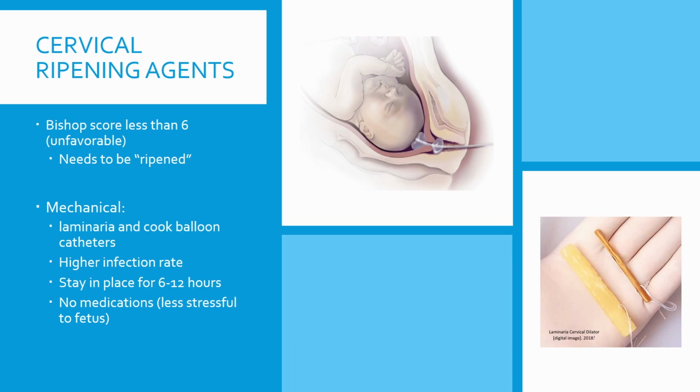It also puts pressure on the cervix to cause it to dilate a little bit. There's a higher infection rate with this because you're leaving something in place, right? A nice mode of transportation for bacteria to get inside a mom. They stay in place for about 6 to 12 hours. But a good thing with these is that there are no medications, meaning that we're not causing contractions, causing a lot of stress on our baby at all.